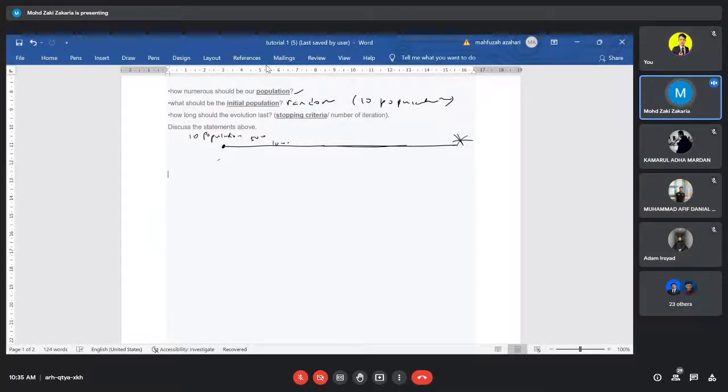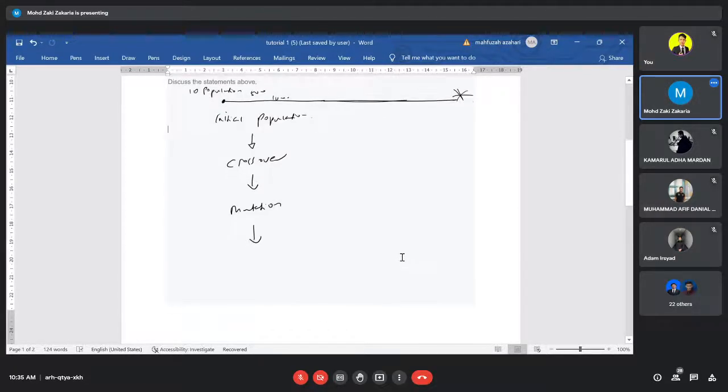First, we set the population, the initial population. This is random. And then after the initial population, we do the crossover, and then mutation, and then evaluate the fitness function, the quality of the chromosome.